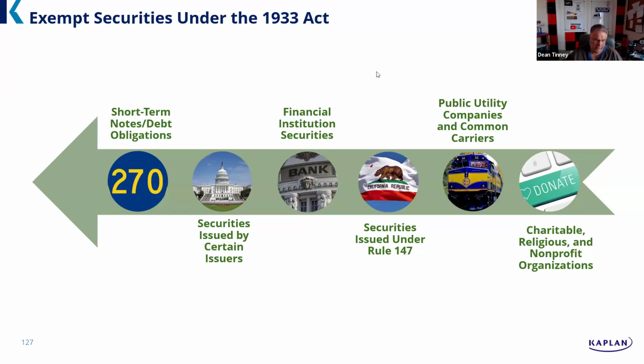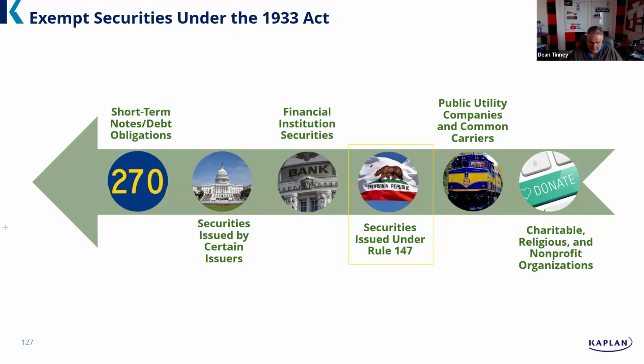Did you sell unregistered securities? I say yes. They say, Dean, what safe harbor did you avail yourself of? I say, I availed myself of Rule 147. I made an intrastate offering of securities. I did not sell this outside of the state of California. Whatever state we're talking about here, we're using California.